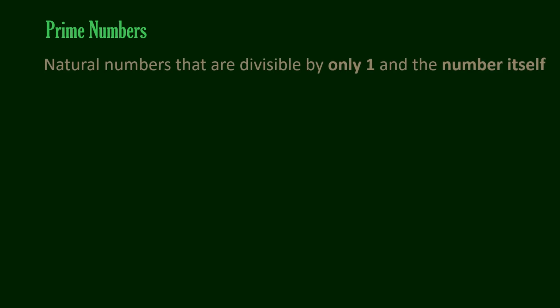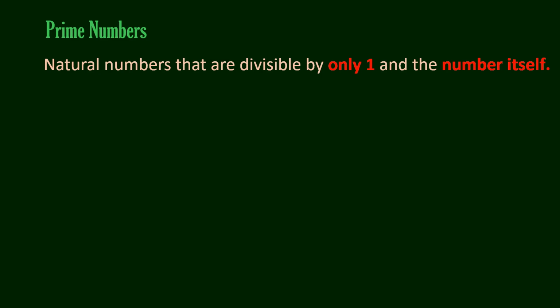Then the next one, prime numbers. Prime numbers are the natural numbers that are divisible by 1 and itself only. Only 1 and the number itself.